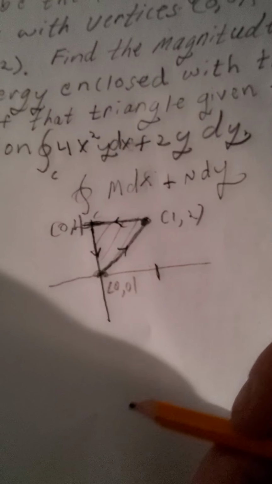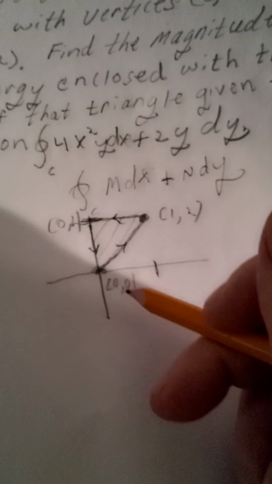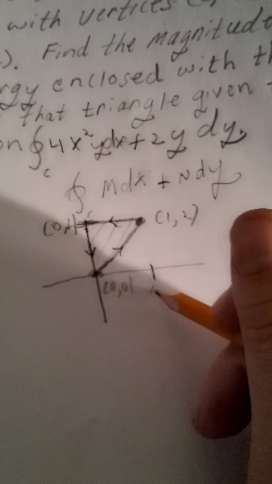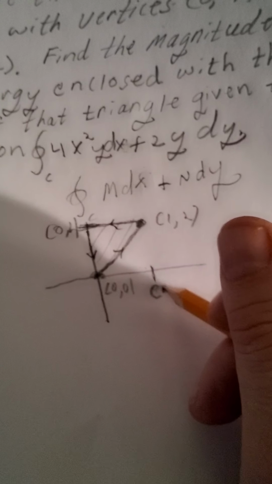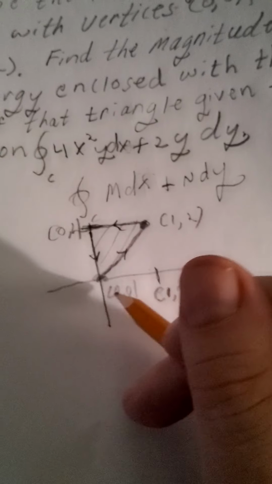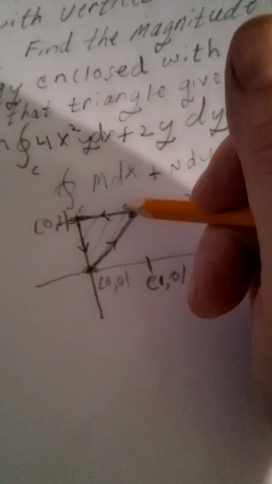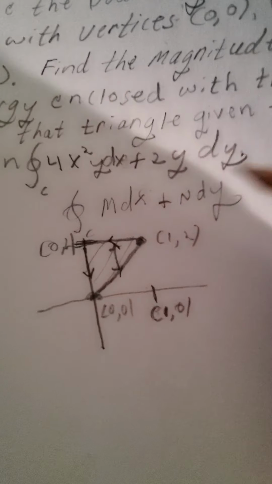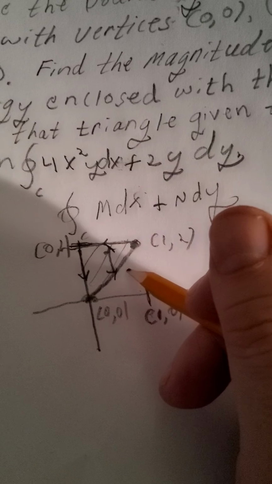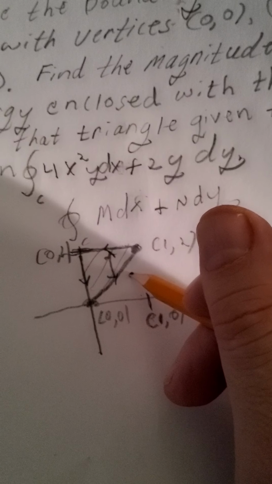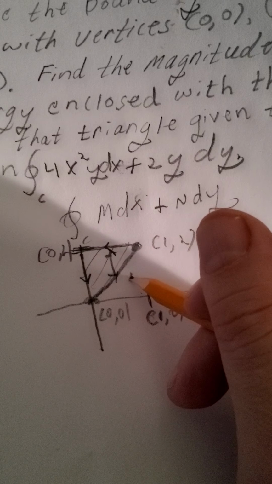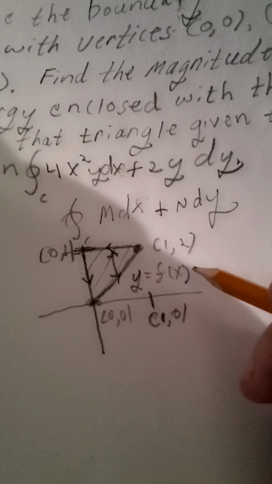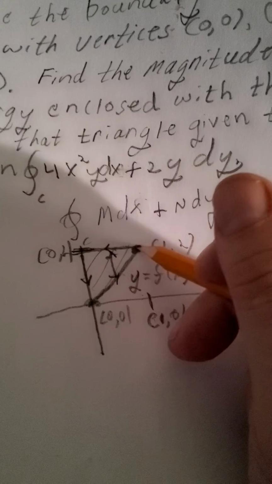Okay, so to start out with, I'm going to be bounded on the x-axis from 0 to 1, so I'm coming out here to 1. And then I'm going to make the equation simple, so I'm going to have y as a function of x, and it's going to go up to 2.